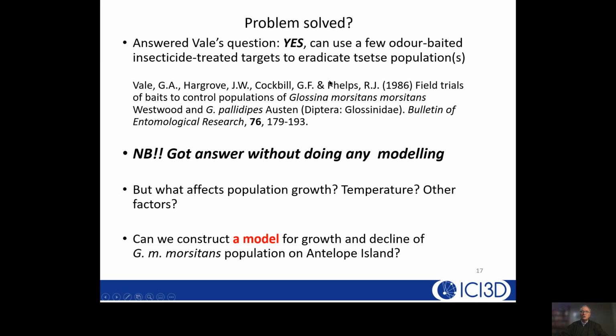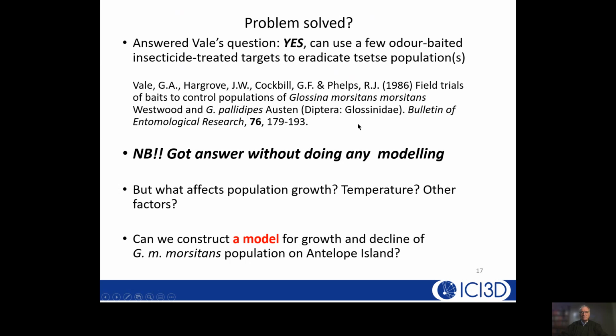In the past, we've had to shoot wild animals or spray DDT or deodorant across huge amounts of area. With this method, all you've got to do is have 4 of these devices per square kilometer, small amount of insecticide, which is only on the target, not on the bush or anything like that, and you can actually do the job. So that was really great.